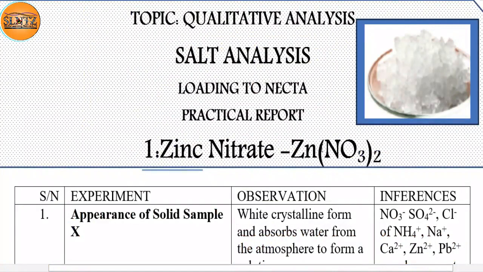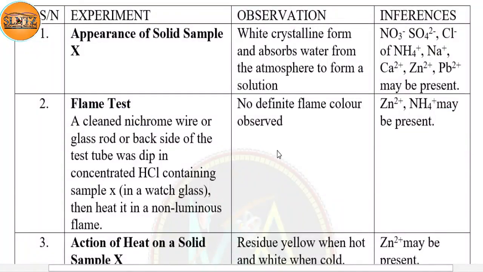Zinc nitrate, how you have tested it, you see the choice from the guide sheet, and now it is presented in our other answer sheet. So first, the appearance of solid sample X, you have to include the name of the sample. We have said this is sample X. So appearance of solid sample X: we have white, this is color, crystalline, this is texture, and absorbs water, this is the deliquescence.